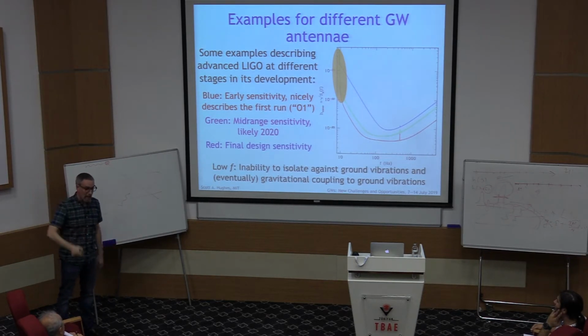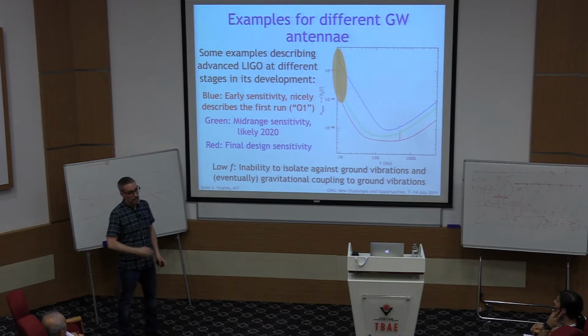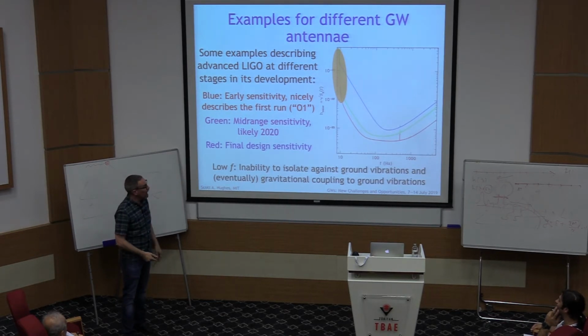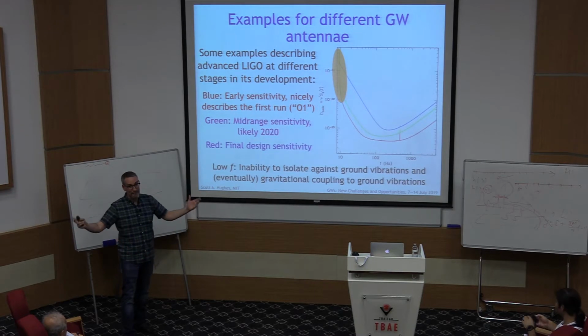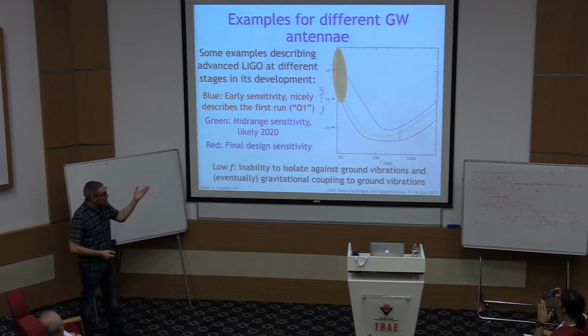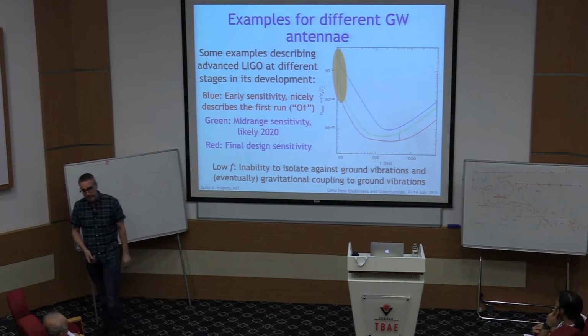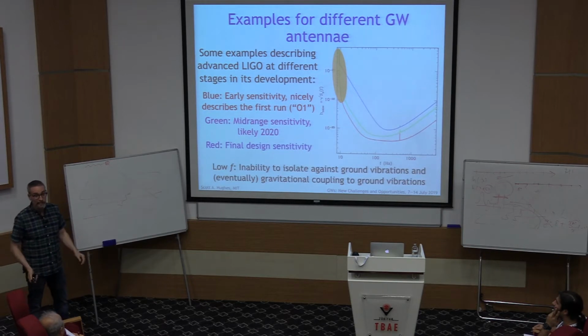The natural frequency of a pendulum is square root of g over L. So if you want to go to lower frequencies, you need a lot more L, a really long pendulum. That starts to get hard because we have finite space to build these in. It's also the case that, even with a perfect pendulum, you would couple gravitationally to ground vibrations. And since you want your detector to be sensitive to gravity, you really can't get away from that.